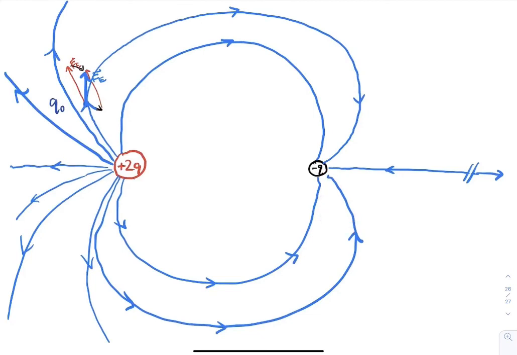Something else that I tried to show was that because this is a positive 2q and this is a negative q, this should have twice the field line density near it than this one. So I was careful to have twice the number of field lines here than I did here.